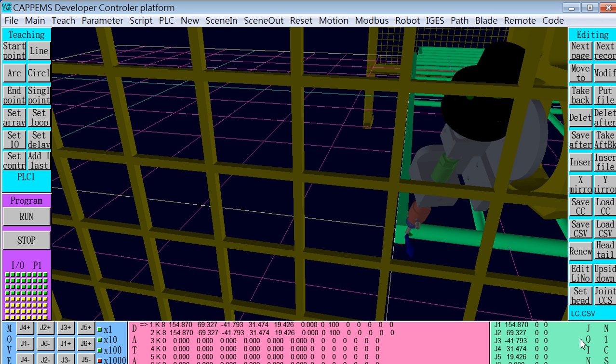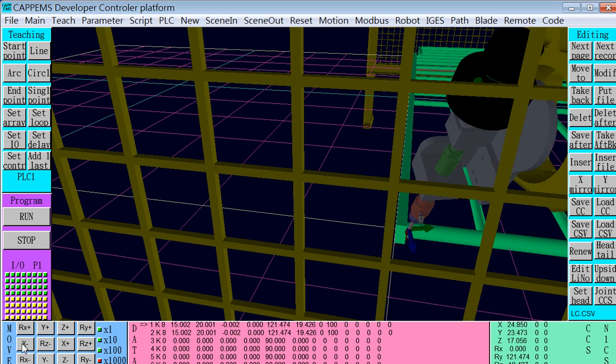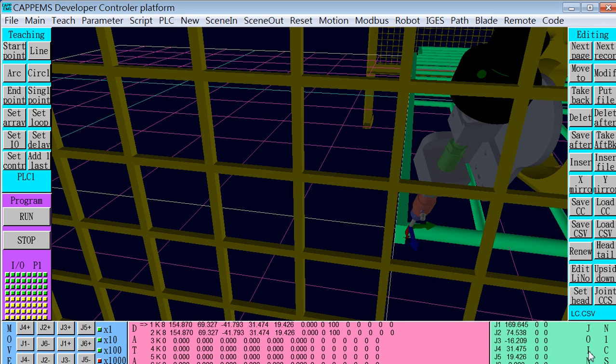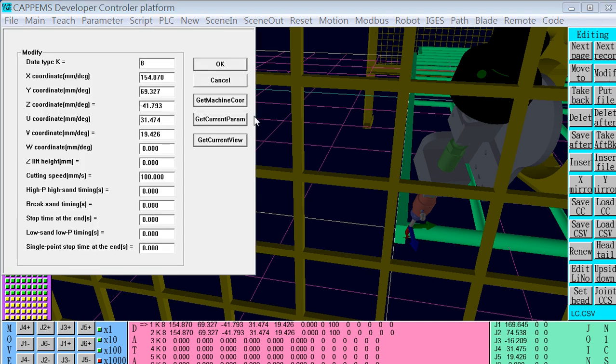retract. Change to Cartesian coordinate system. Retract 3 times. X minus once, twice, 3 times. Change to joint mode. Modify. Get current position. Okay.